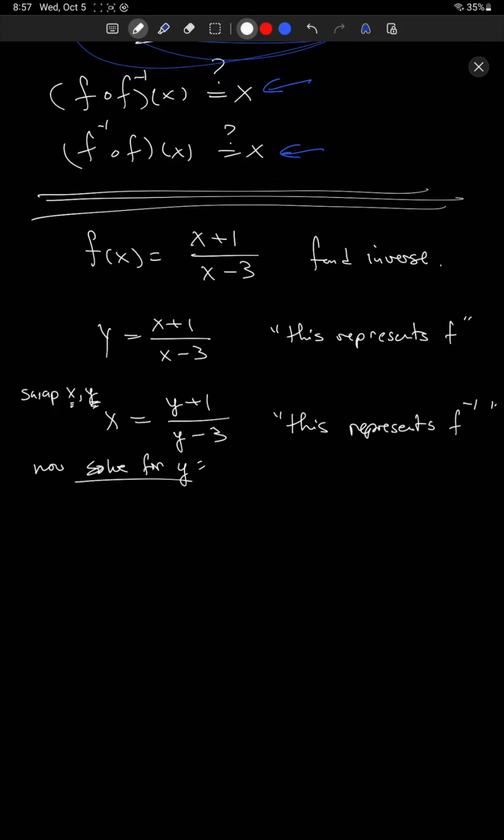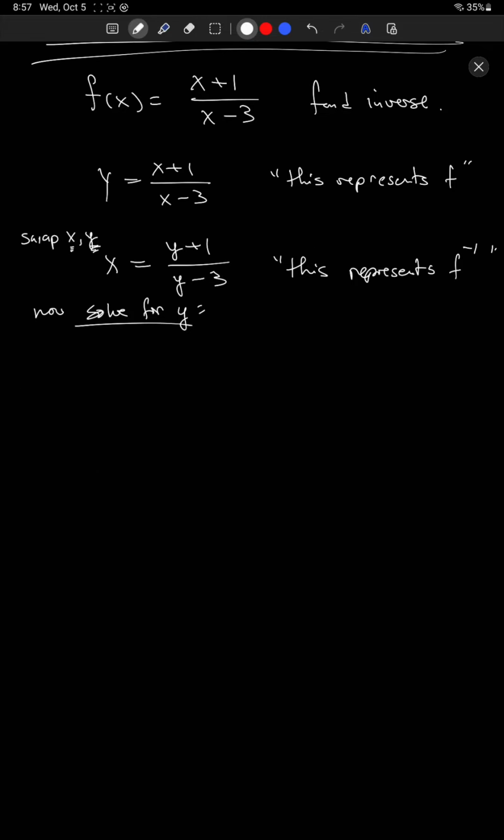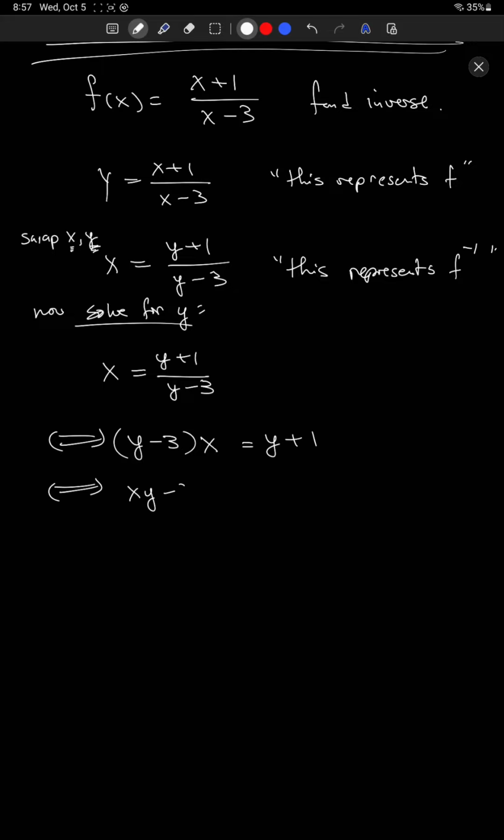Sorry, this is a little messy here, f inverse. So in this case, the algebra is a little more difficult, but it's still algebra nevertheless. This is y minus 3, multiplying by y minus 3 on both sides. And I guess here I want to distribute it in.